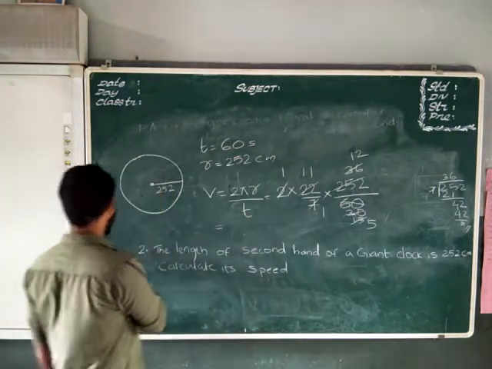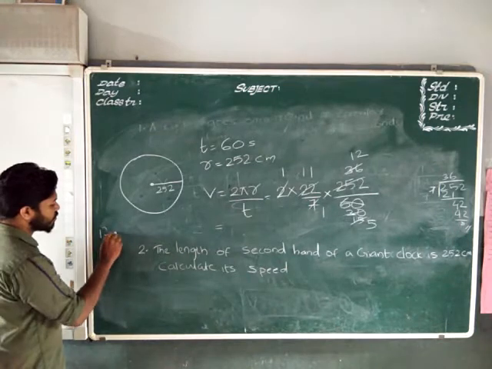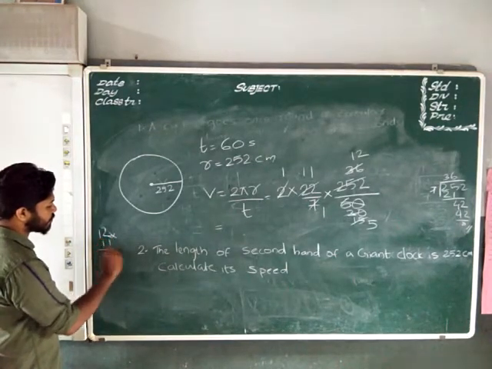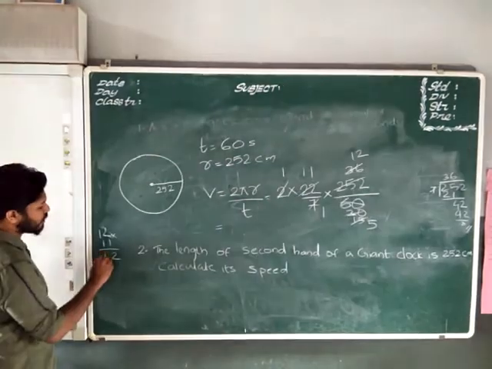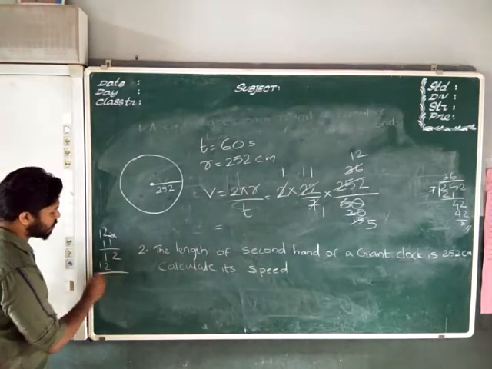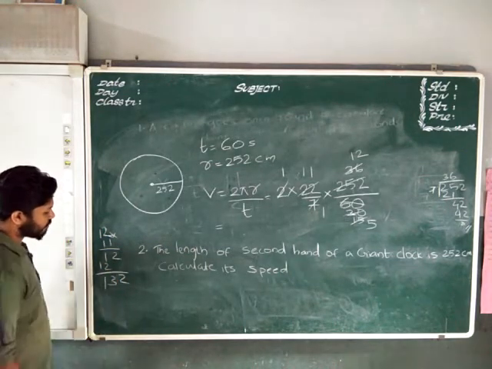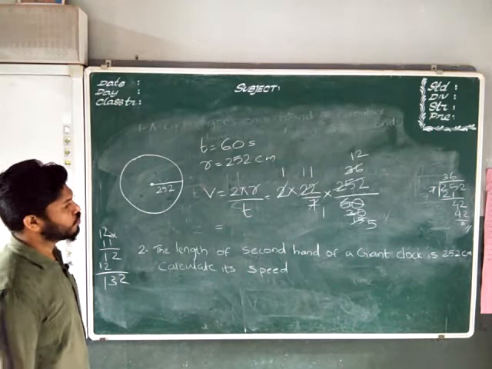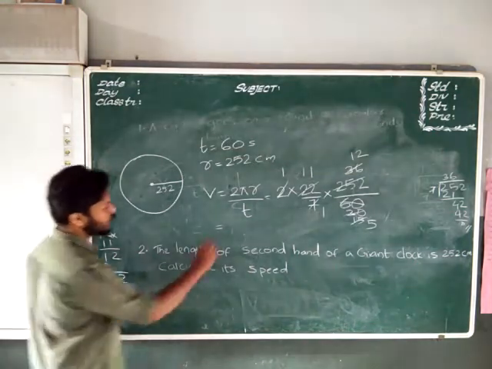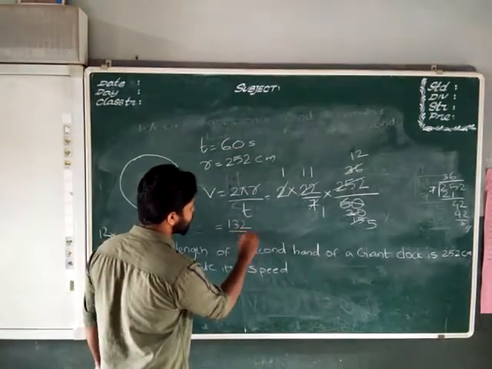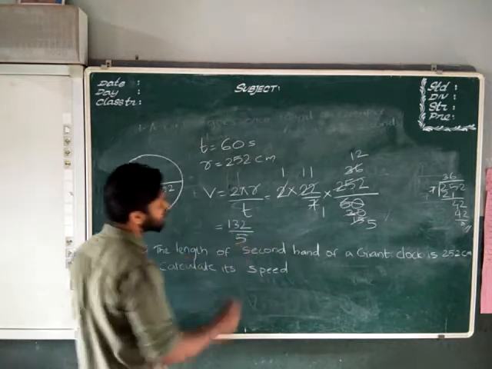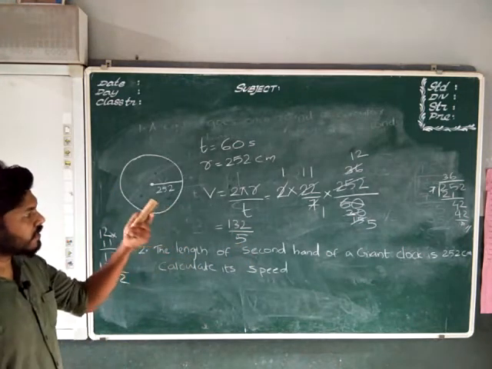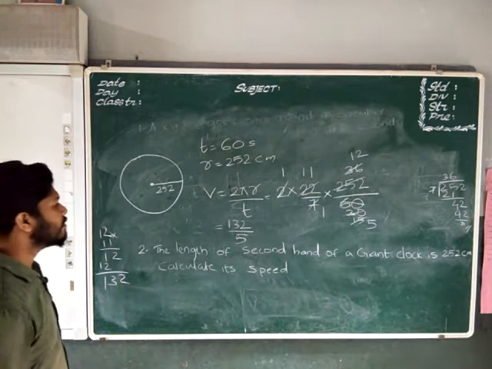What is 12 into 11? It is 132. So it becomes 132 divided by 5.